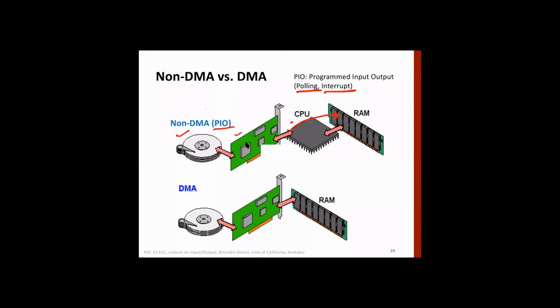CPU reads from memory; it does not read directly from whatever comes from disk. So the CPU will be just a person who transfers the data coming from disk to RAM.